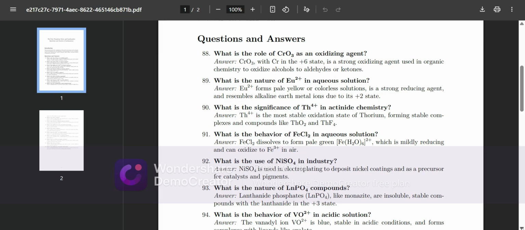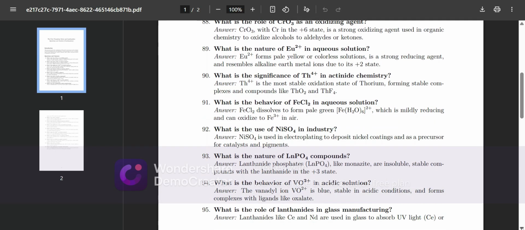What is the role of CrO3 as an oxidizing agent? CrO3, with Cr in the plus 6 state, is a strong oxidizing agent used in organic chemistry to oxidize alcohols to aldehydes or ketones.